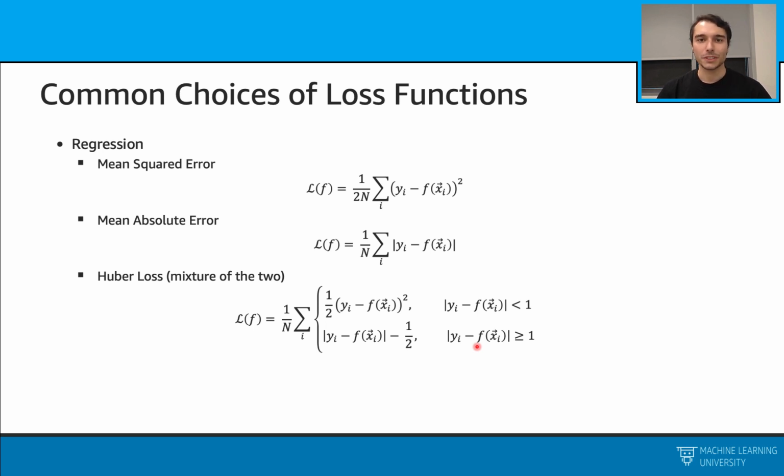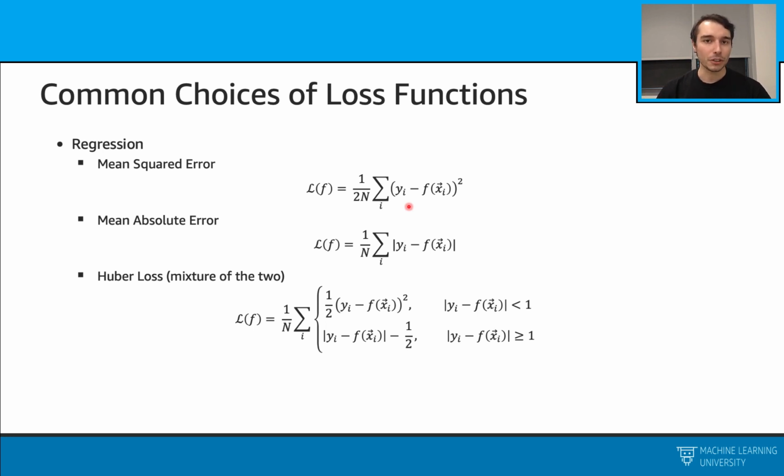Huber loss uses the advantage and the disadvantage of these techniques. The mean squared error has some problematic properties when it comes to large errors, because when this difference gets really large, as you see, we take the square of that, and this usually pulls up the whole loss function. So it has a huge effect on that.